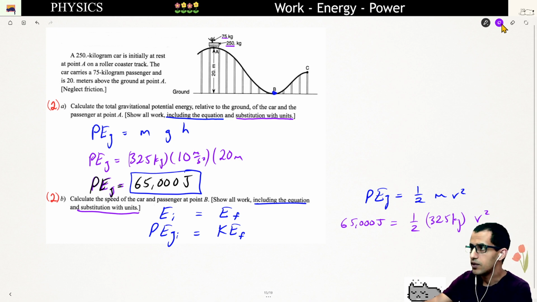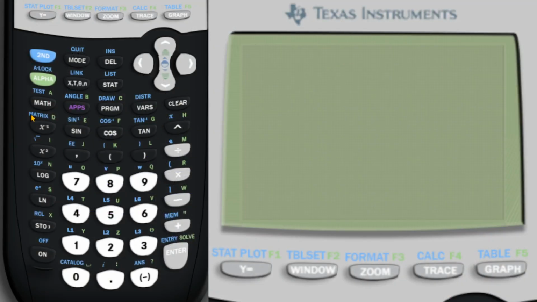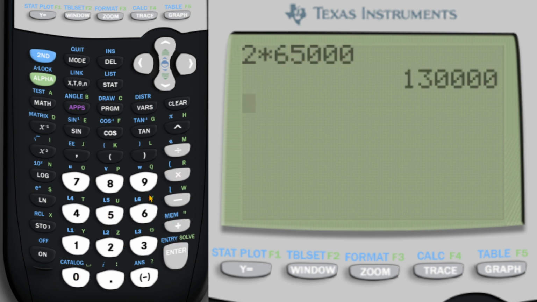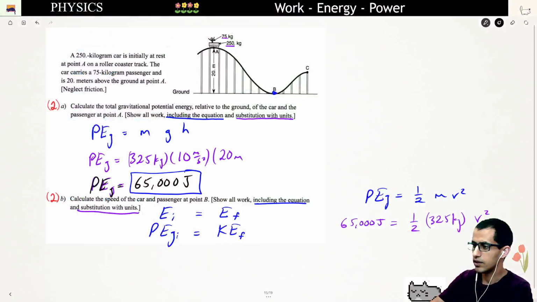And then I'm going to do my calculation on my calculator. The answer is going to be 2 times 65,000, and then I'm going to divide by 325, and take the square root of this value. So our answer is going to be 20 meters per second.